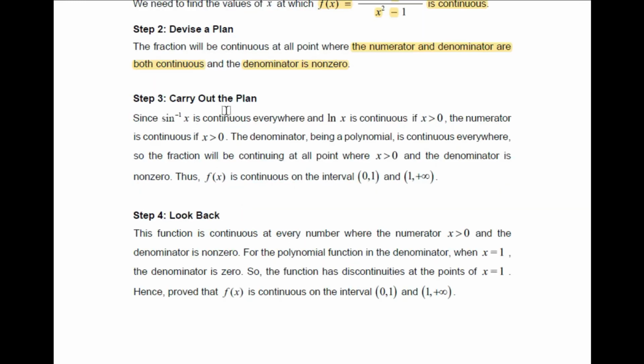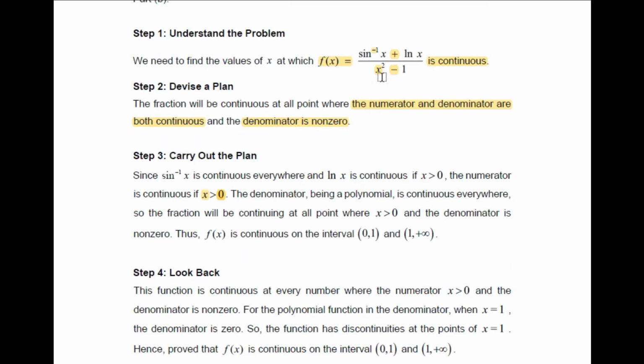Next, we carry out the plan. Since arcsin x is continuous everywhere and ln x is continuous if x is more than 0, the numerator is continuous if x is more than 0. The denominator is a polynomial, so it's continuous everywhere.